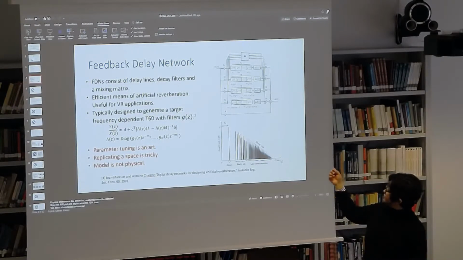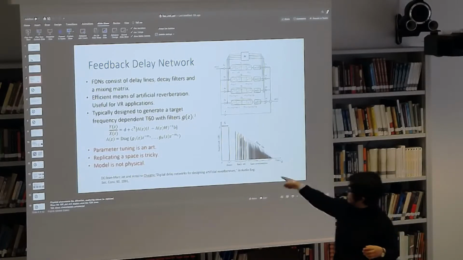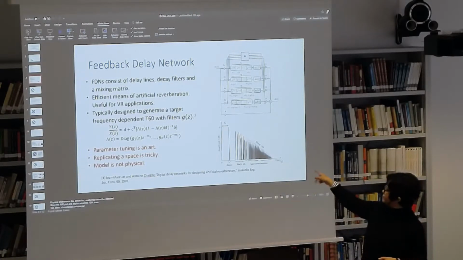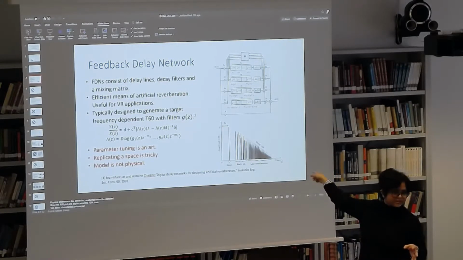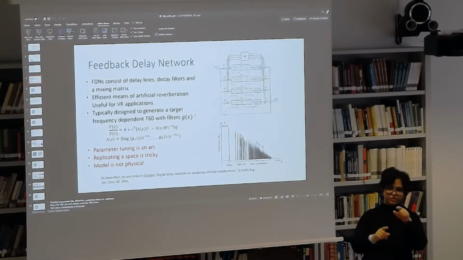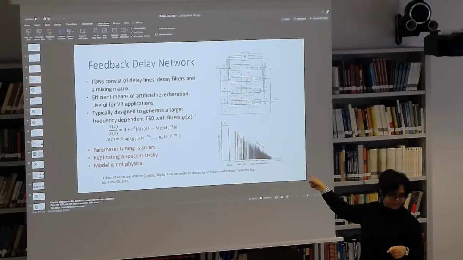If it was just the direct path, then you have the input going in through D, which just controls the gain, and then you get the first spike over here. After that, these early reflections are what's coming out of these delay lines. You can adjust the length of these memory elements to space your early reflections out, so you can actually control where these spikes happen.